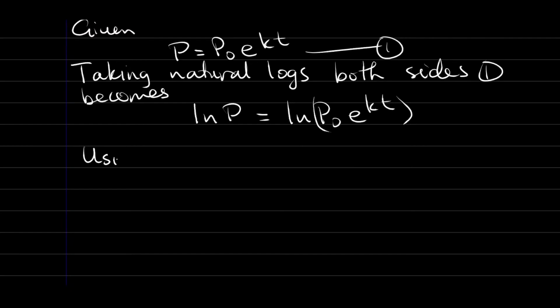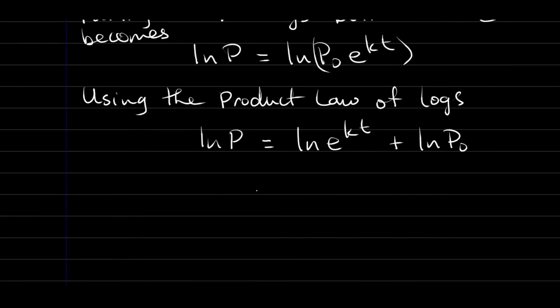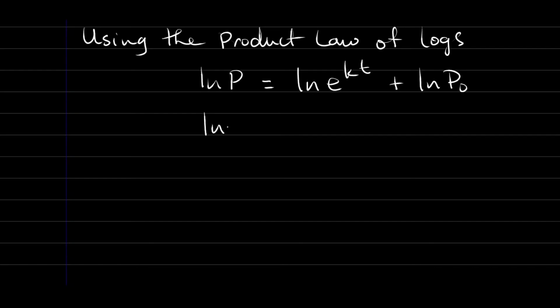Using the product law of logs, we'll get that ln of p is equal to ln of e to the power of kt plus ln of p naught. We can bring down these powers very easily, this k and that t, right? So we're going to get that ln p is equal to kt.